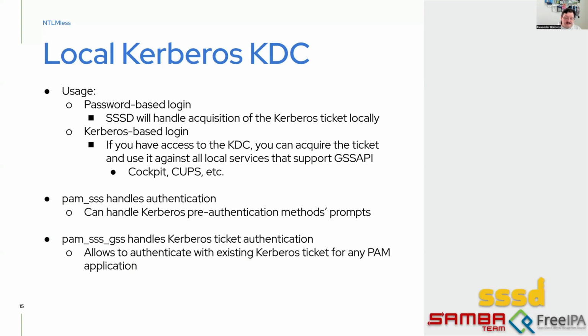And pam_sss_gss handles the Kerberos ticket authentication so that I can get, for example, sudo without entering a password if I have the Kerberos ticket. But in my current prototype setup, I have a slightly updated version of Samba libraries that broke pam_sss_gss.